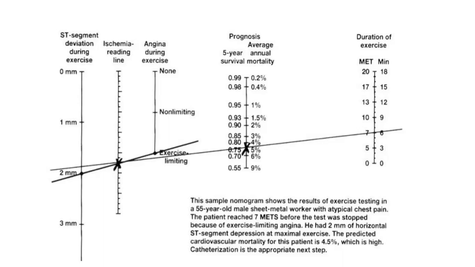He had 2 mm of horizontal ST segment depression at maximum exercise. The predicted cardiovascular mortality for this patient is 4.5%, which is high. Catheterization is the appropriate next step.